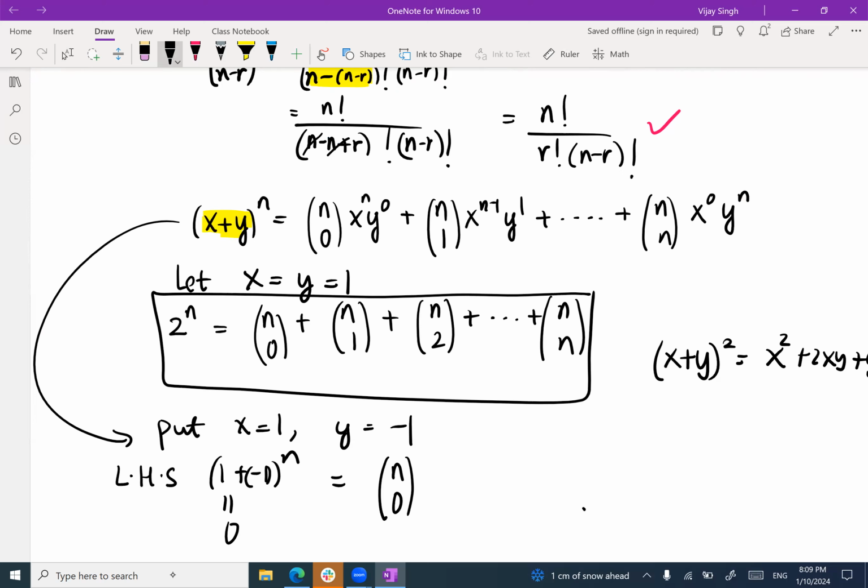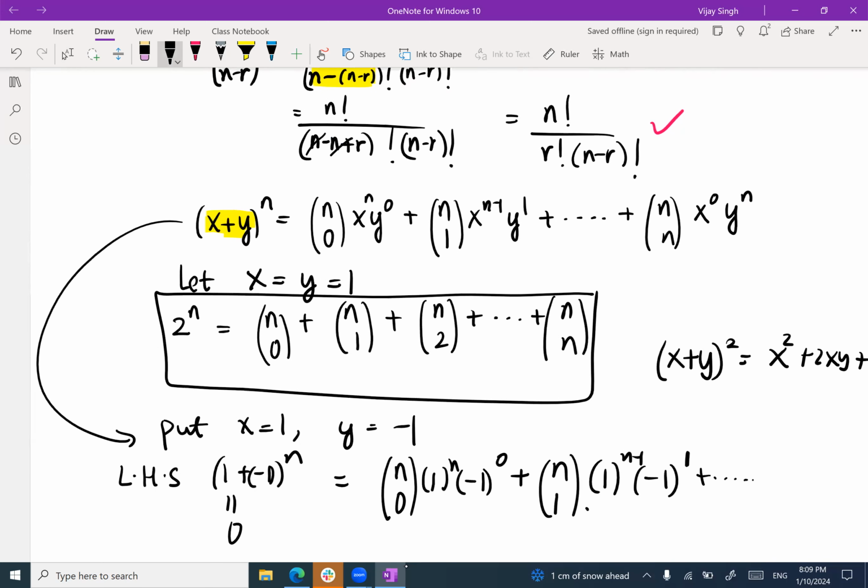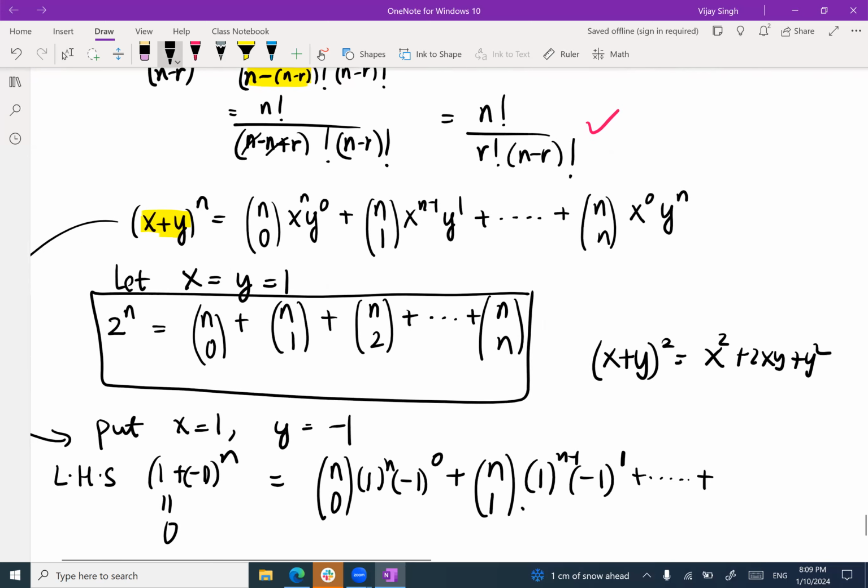Let me just write that down. 1 to the power n minus 1 to the power 0 plus n choose 1, 1 to the power n minus 1 to the power 1, and so on, adding all of them, dot, dot, dot, n choose n, 1 to the power 0 minus 1 to the power what? n, right? I'm just substituting x equals 1 and y equals -1 in the binomial equation here.